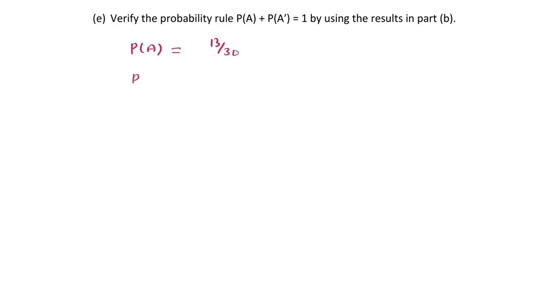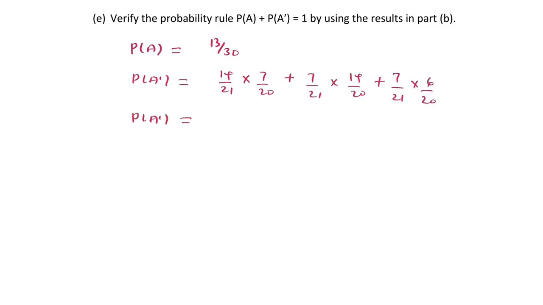So probability of A complement will equal 14 over 21 times 7 over 20 plus 7 over 21 times 14 over 20 plus 7 over 21 times 6 over 20, of which after solving these values we are going to have probability of A complement equals 17 over 30.